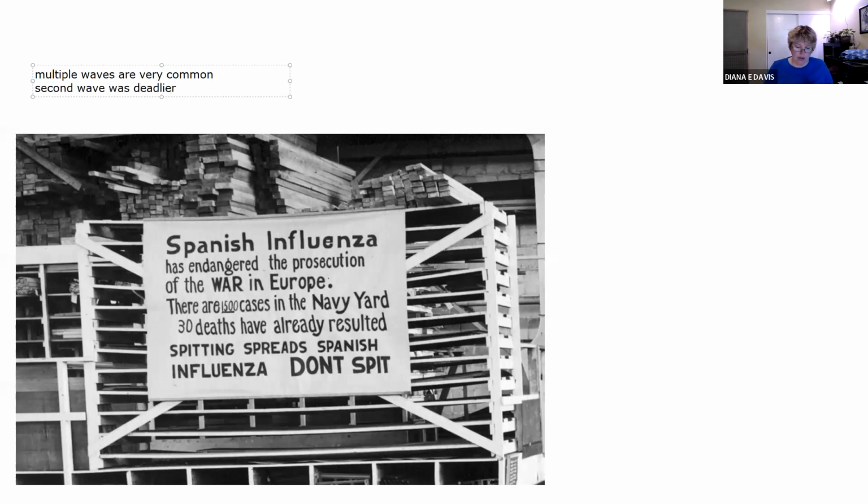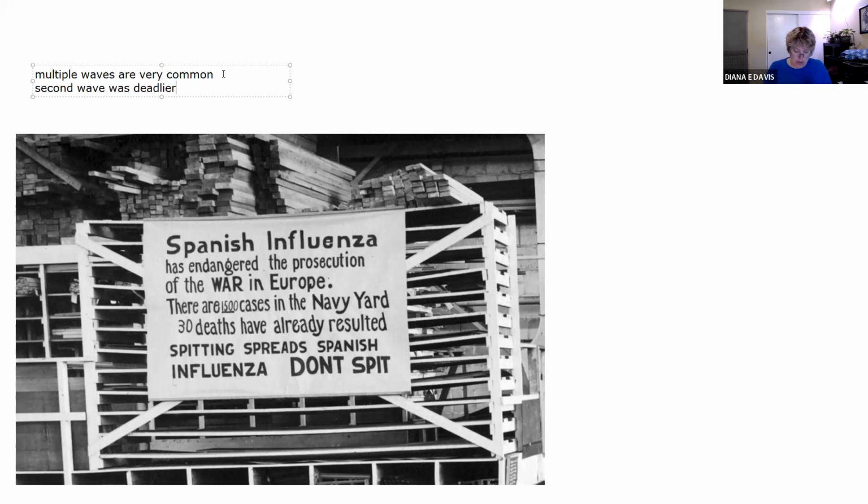So were they different diseases? Why was the second wave deadlier? Well, unfortunately, the truth is we only have a few samples of the virus. So we can't look at a sample from the first wave and compare it to a sample from the second wave.